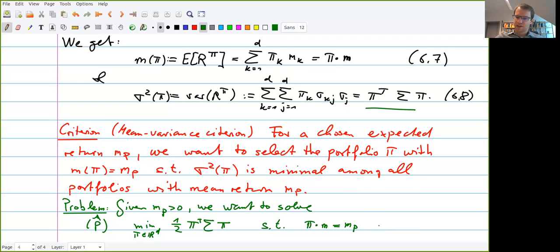And I still have my budget constraint, so I cannot spend more money than I have. So pi multiplied with e has to be 1. So the mean variance criterion is, mathematically speaking, just a quadratic optimization problem with linear constraints.